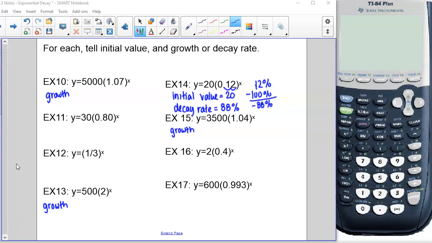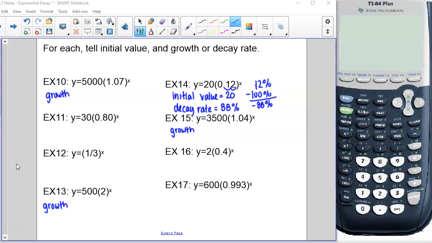Number 11, 30 is your initial value, 20% decay. 12, 1 is your initial value because you don't have an initial value, and 66.6 repeating is your decay. 13, initial value is 500.